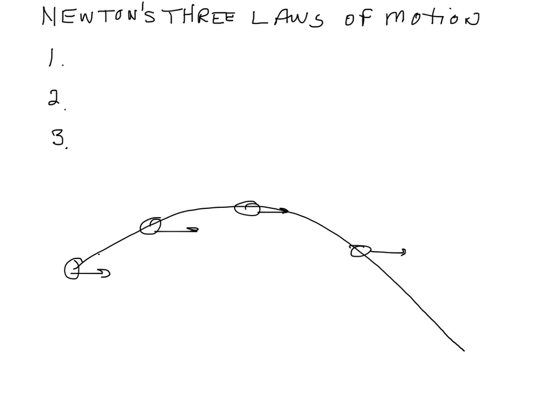So no force being present means no change in velocity. But in the y direction, there's the force of gravity acting straight down. And so it means that the velocity in the y direction changes at a constant rate because of the acceleration.